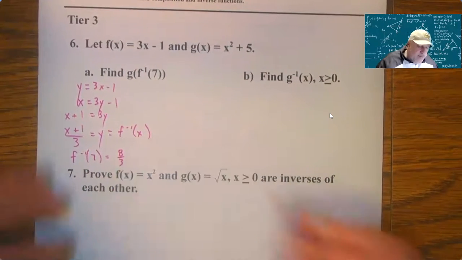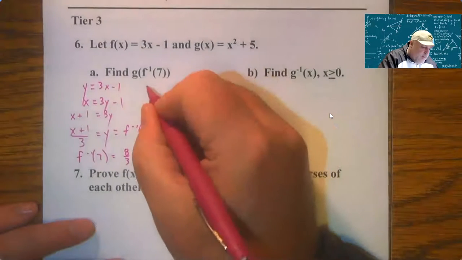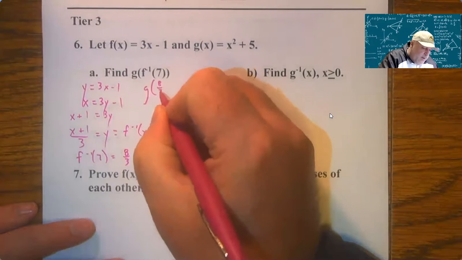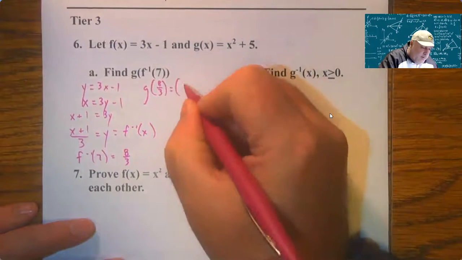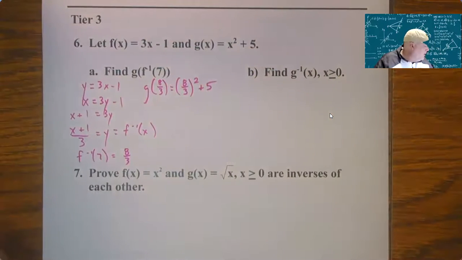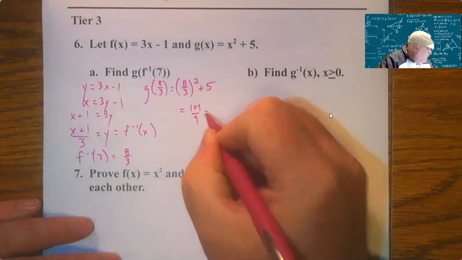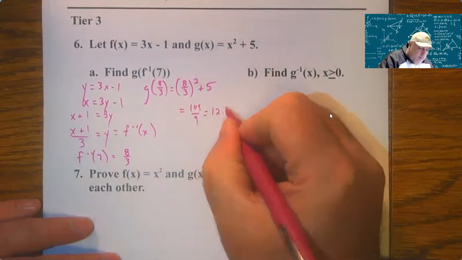A little bit awkward on the value there. And then g of 8/3. So what would that be? And you just replace it into the (8/3) squared plus 5, and that would be 109 over 9, which is 12.1 repeating.